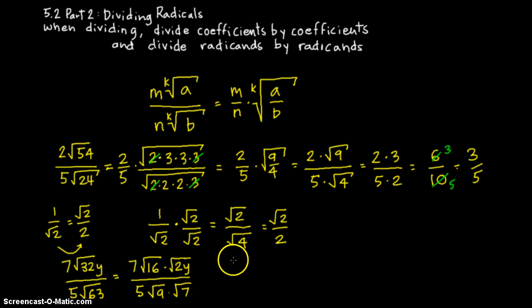Okay, so these guys I know that's going to turn into a 4, and this is going to turn into a 3. So what do I got? I have 7 times 4 root 2y, sorry, 5 times 3 square root of 7, and then I'm going to leave you to do the rest.